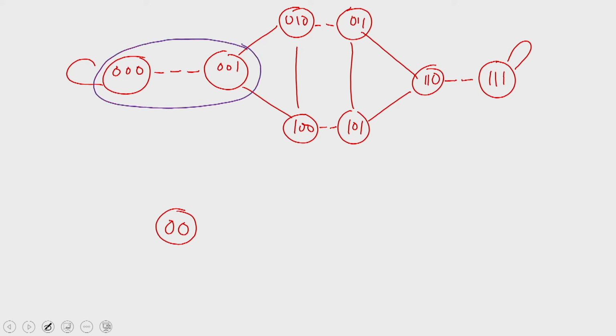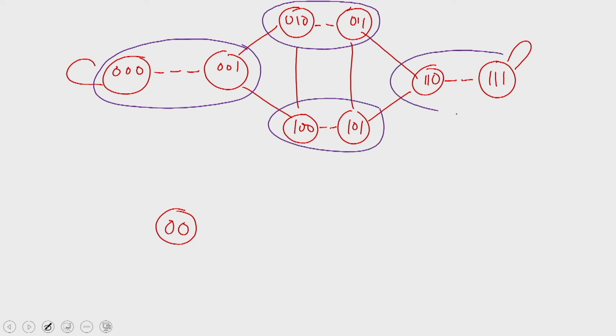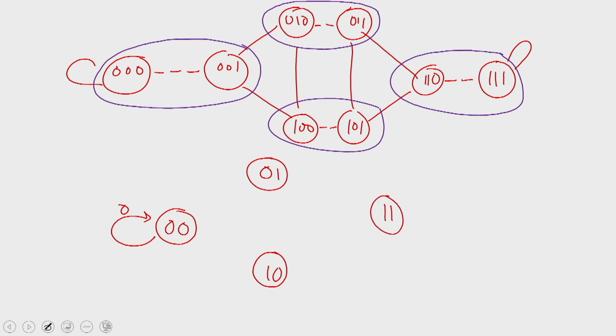These two vertices contracted together, and these two vertices are also contracted together. These are contracted together, and these are contracted together. 00 has an edge to itself. 010 and 011 contract to give us the vertex 01, and 100 and 101 contract to give us the vertex 10. 110 and 111 contract to give us the vertex 11.